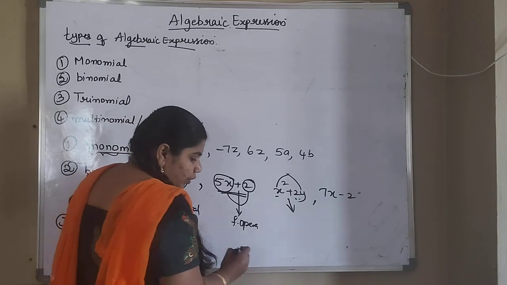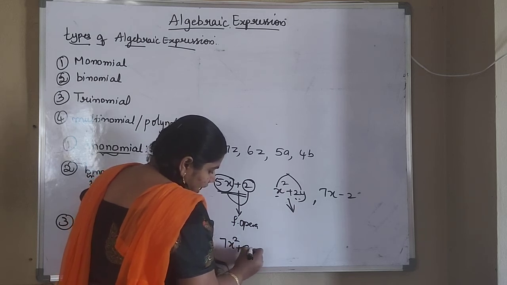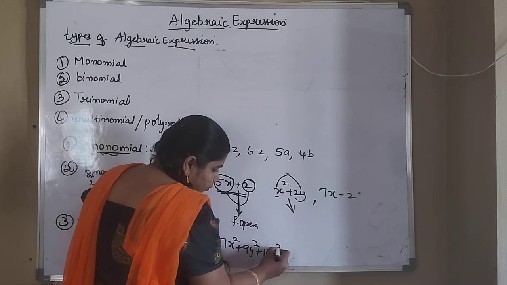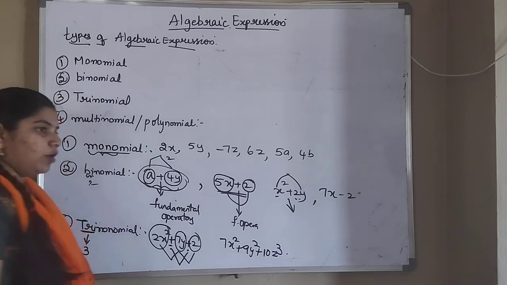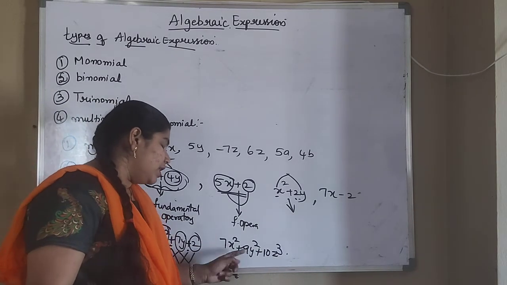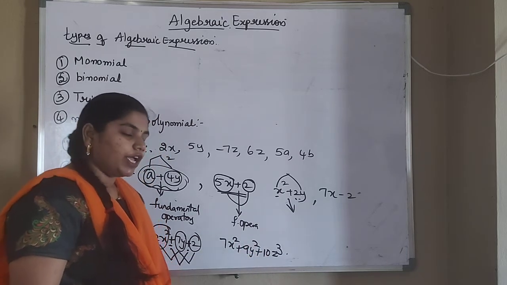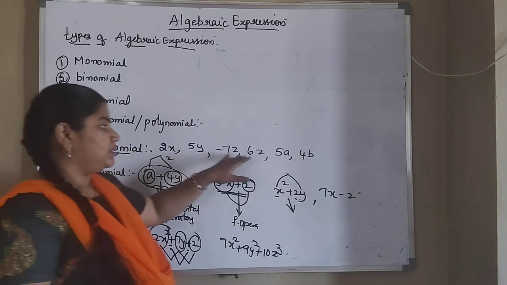In the same way, you can take 7x square plus 9y square plus 10z cube. So this is also a trinomial, because you are seeing three different terms combined with fundamental operations. Next, see here, monomial means it will be having only a single term.